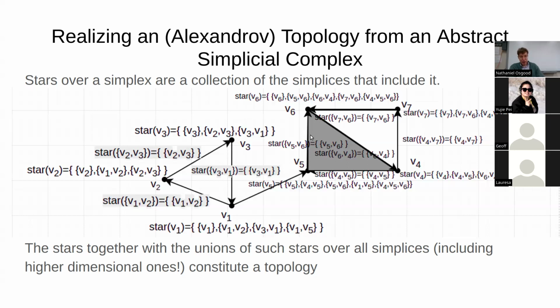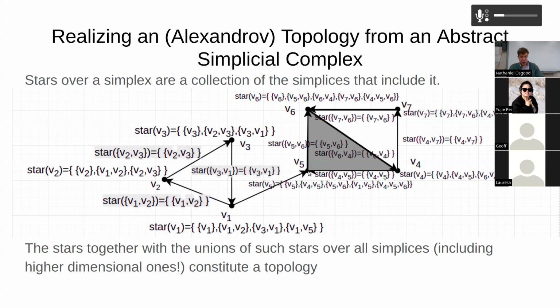If we take an intersection of the star of V1 with the star of V1, V5, which includes V1, V5, as well as V4, V5, V6. Right? Excuse me, no, that's not true. It's just V1, V5.